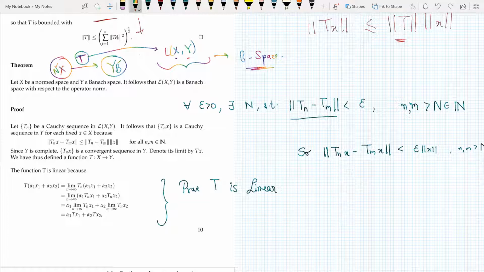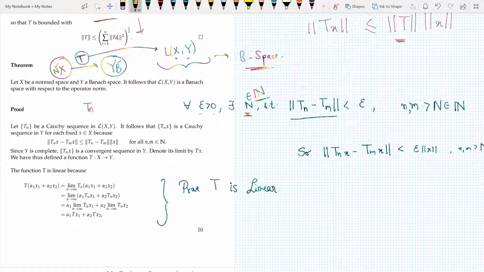If I have a Cauchy sequence Tn, it means that for every epsilon greater than 0, there exists an N belonging to the natural numbers. This N is just one natural number.